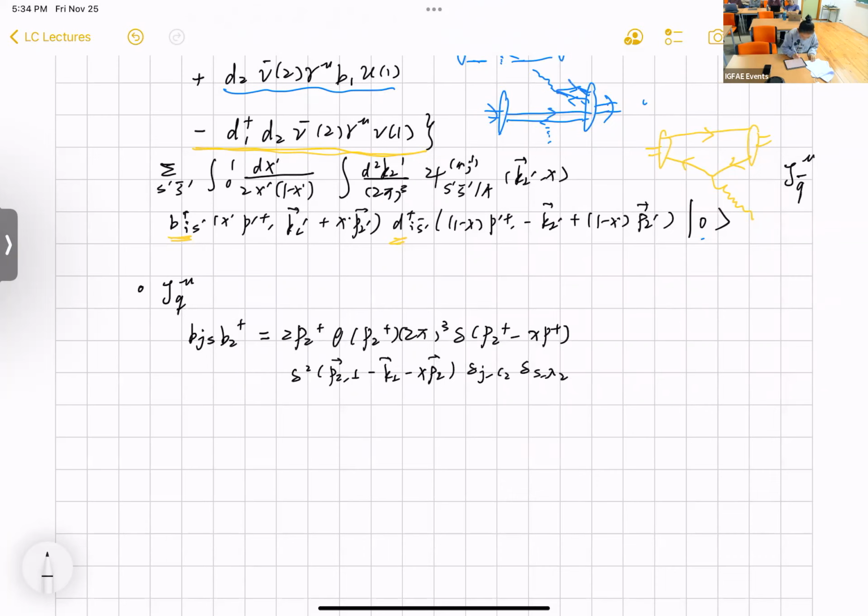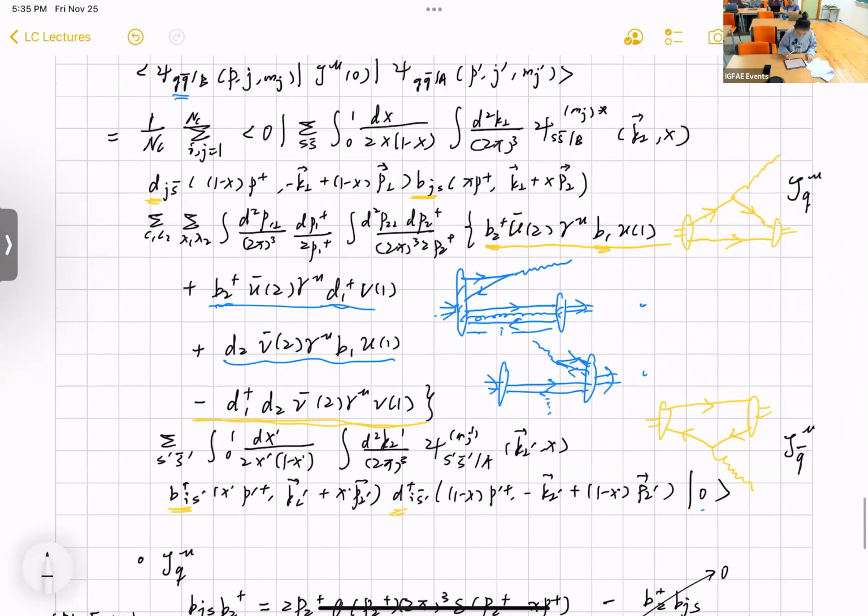The relation I'm using here is the anti-commutation relation between the b and the b dagger, equation 42 of part 1 of the lecture. Of course, you have this minus b dagger b term, but this would vanish when put into the state here.